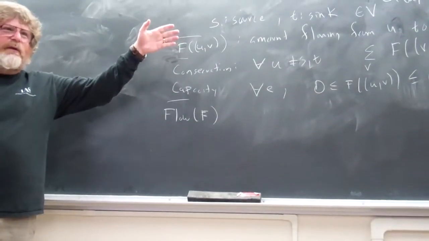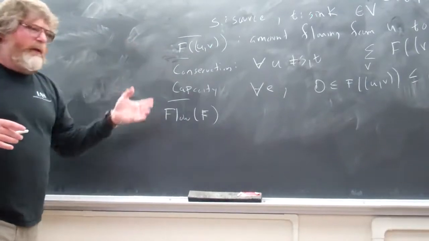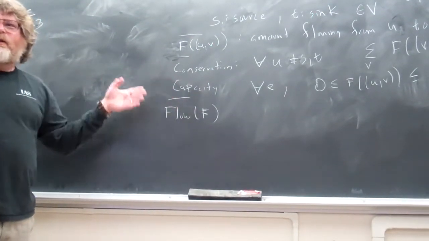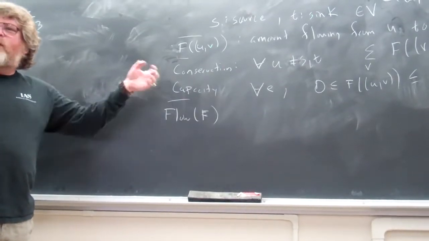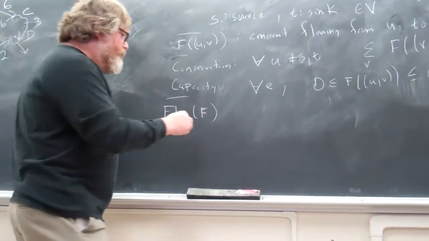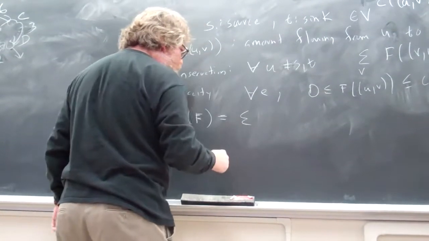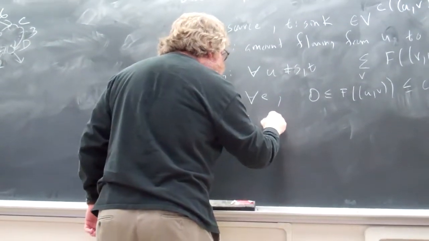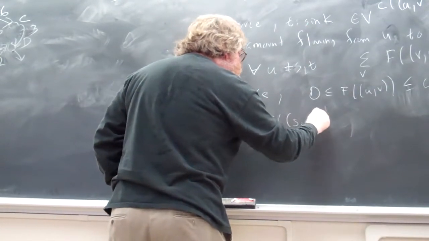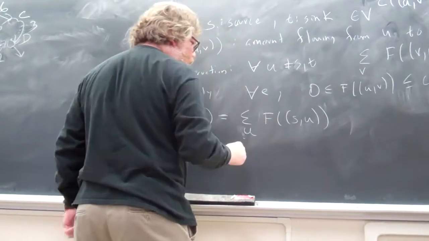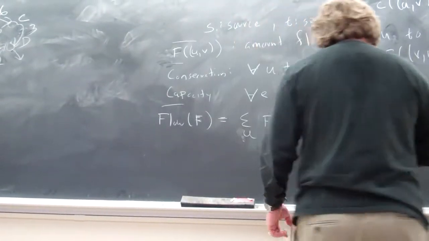It has to eventually flow into T. So the amount flowing from S to T is just the same as the amount flowing out of S. It's just the sum over U of the amount flowing out of S.